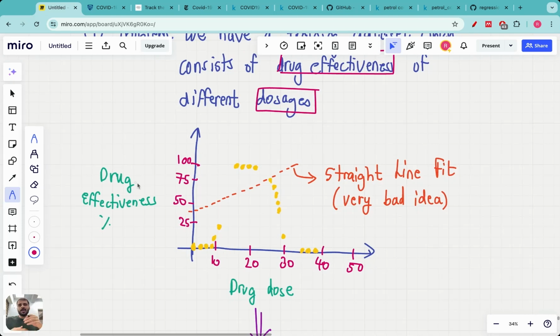So the goal is to quantify the relationship between the dosage level and the drug effectiveness, so that whenever a new person is administered a drug, can you predict, based on the drug dosage which they have taken, what would be the drug effectiveness? That's the main problem which we are trying to solve.